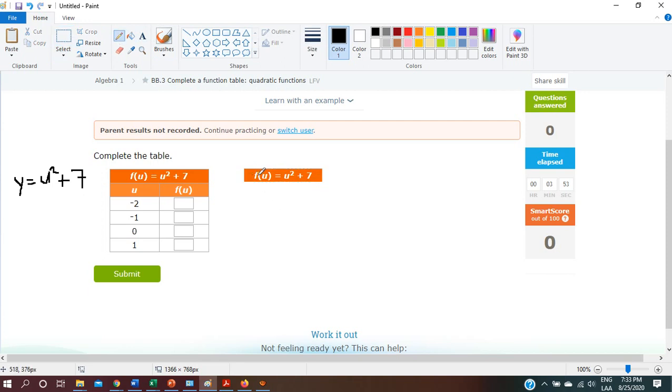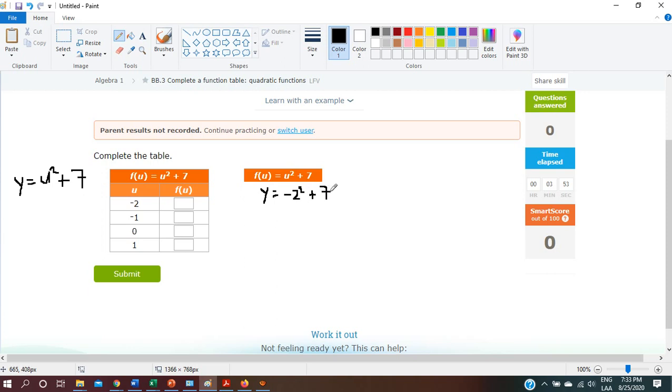I am not going to write f of u because it is too much trouble; I am going to write y instead of f of u. So f of u equals u squared. What is the value of u? The value of u in this case is -2. So -2 squared plus 7.